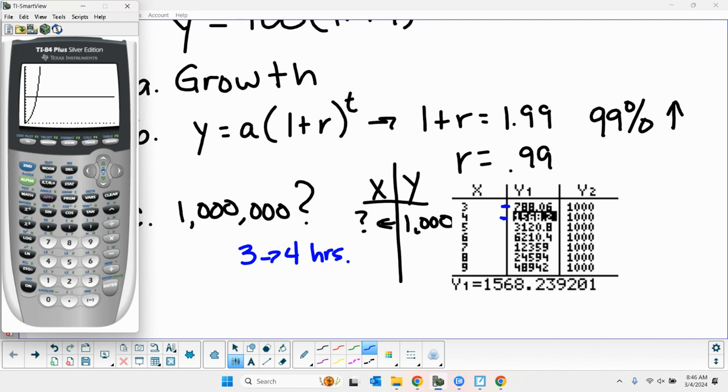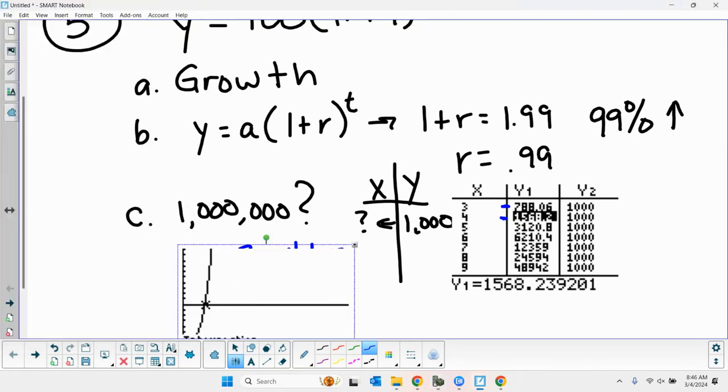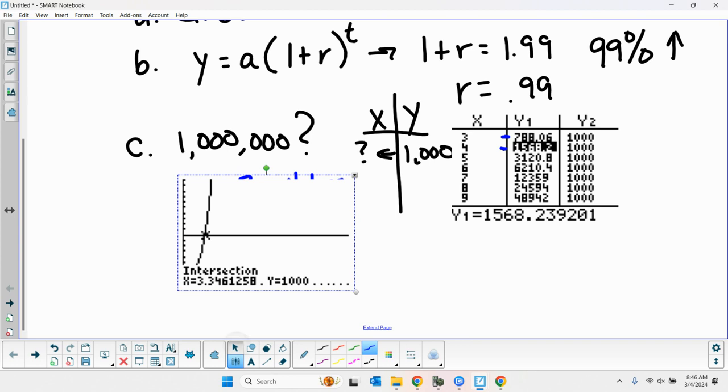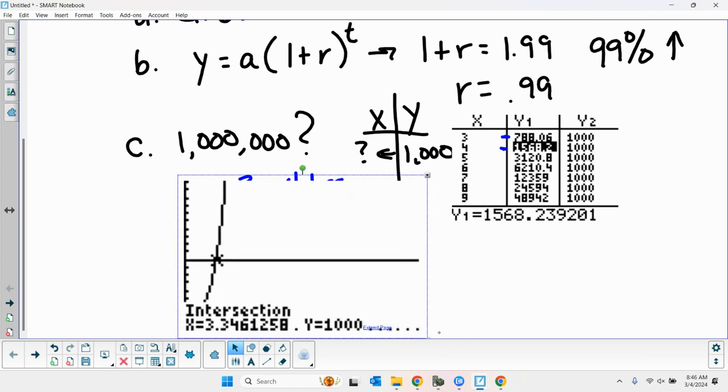Okay. So again, I hit window just to get some numbers in there. And again, you can go by whatever increments you want. If you want to go by ones, that's fine too. But here's how we get to the intersection. We hit second trace, and number 5 is intersect. And then all we have to do is hit enter 3 times. And the intersection of those two graphs is, I'll make it a little bigger so you guys can see it.